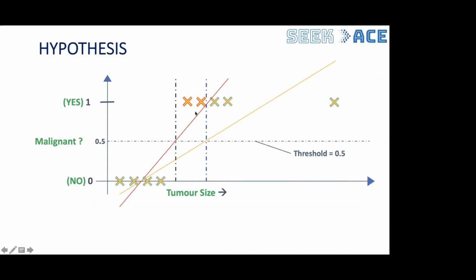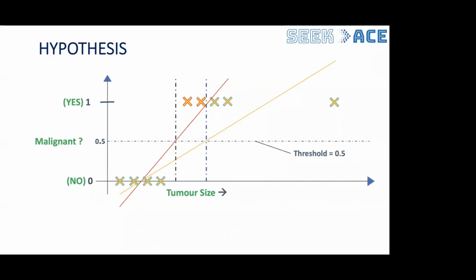These two data points we are still predicting right. But for these two data points, they fall on the other side of the boundary, and though they are malignant, our model is predicting non-malignant. This is life-threatening. You cannot do this in these kinds of problems. Be very careful.